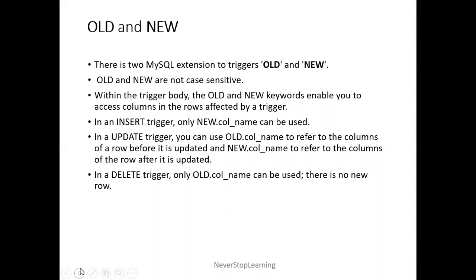Similarly, if I want to delete, in a delete trigger only OLD.column_name can be used, because the value is already deleted. We don't have anything new. So in case of delete, we will use OLD.column_name. They are extensions. When we use programming for triggers, it will be more clear.